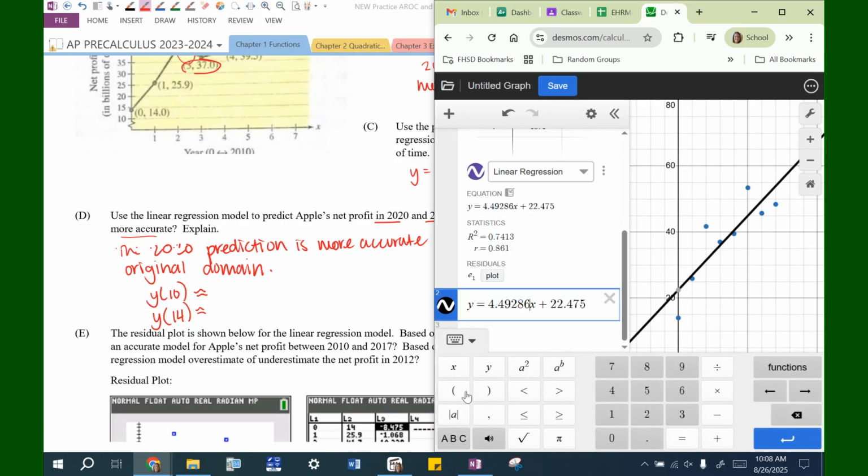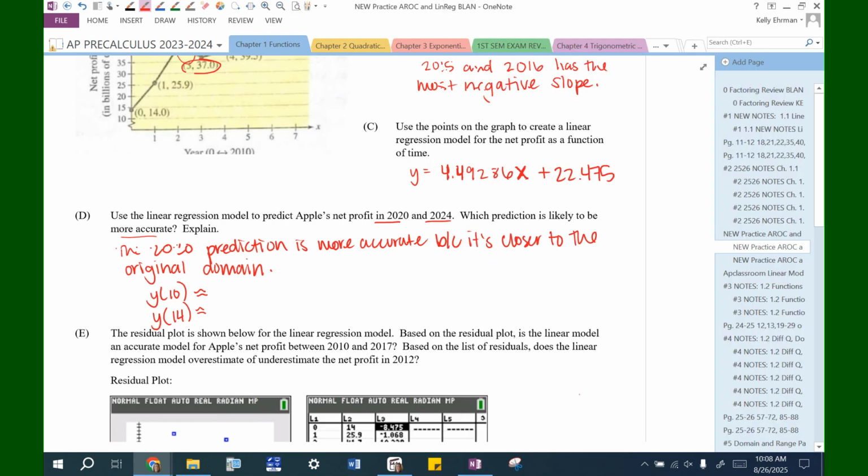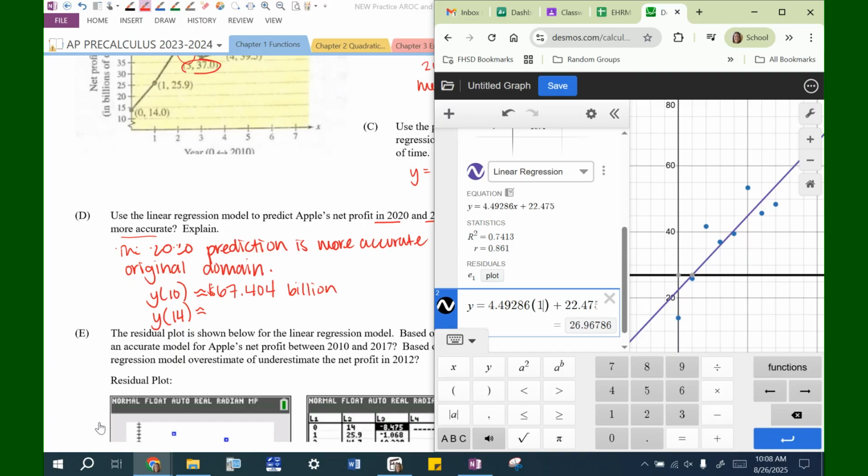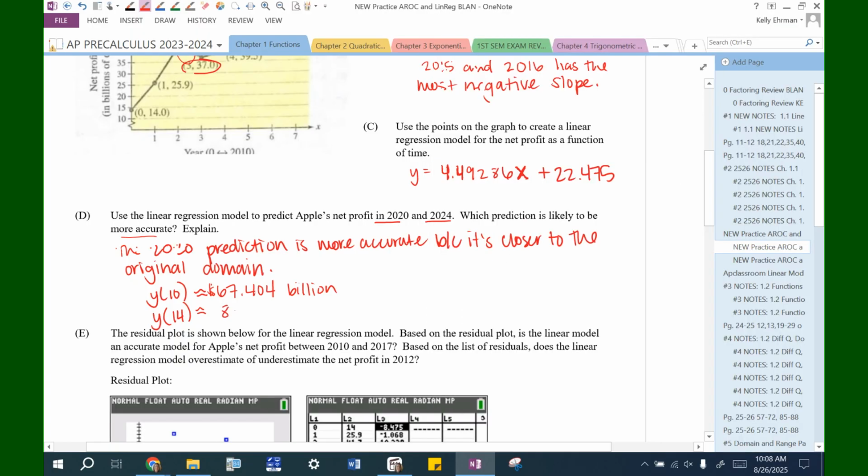I like to put just parentheses around the x, and then I'm just going to type in 10, write down that number, 67.404. And again, this is billions of dollars, label it. And then I want to make an adjustment here, change that to a 14, 85.375. Labeling with a dollar sign and billions.